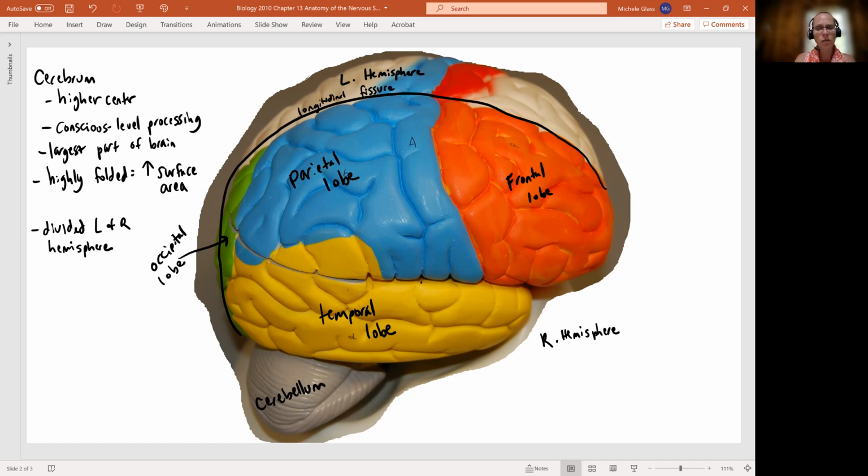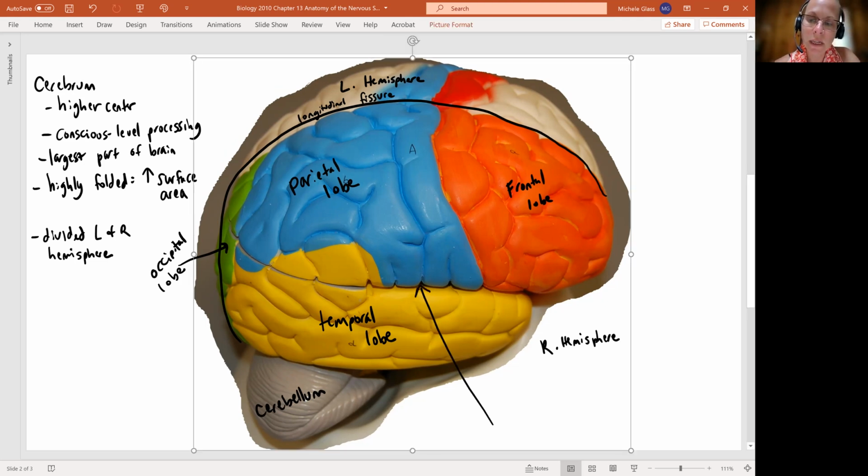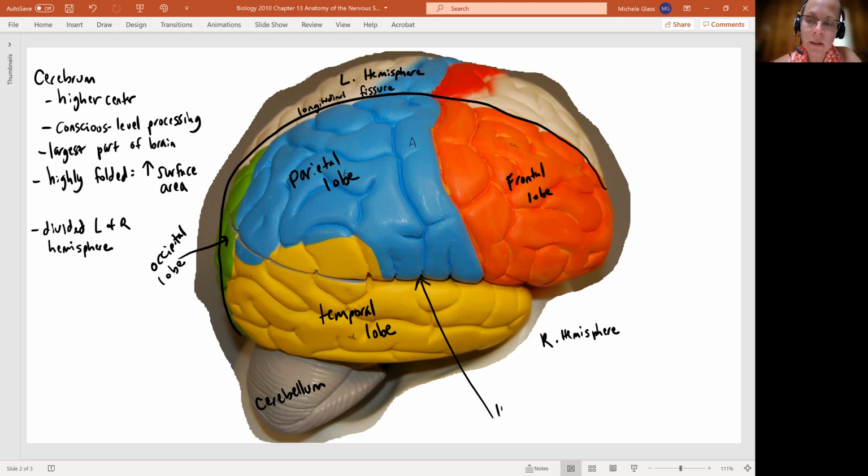If you were to pull down on that temporal lobe, you might see the insular lobe. So I'm going to make a note here that it's deep to the temporal lobe. I do think we'll be able to look at it on another diagram in a future video.